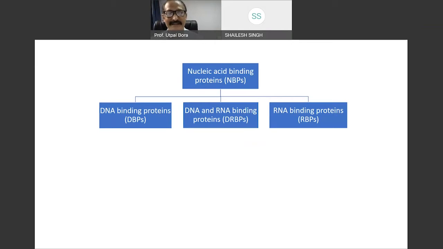One is DNA binding proteins. Another is RNA binding proteins. These proteins will specifically bind only to either DNA or RNA. But there are some members of proteins which can bind to both DNA and RNA at the same time. We call them DNA and RNA binding proteins, or DRBPs.